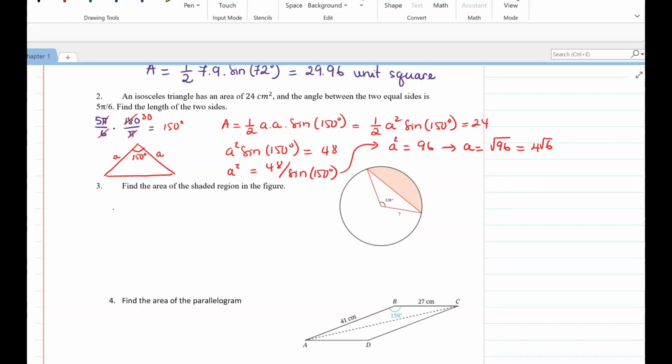Here I want to calculate the area of the shaded region in this picture. Well, recall the area of a sector is equal to 1/2 r squared theta, and theta is in radians. I can calculate the area of this whole sector, then subtract the area of the triangle.